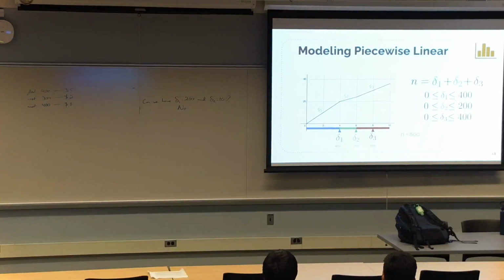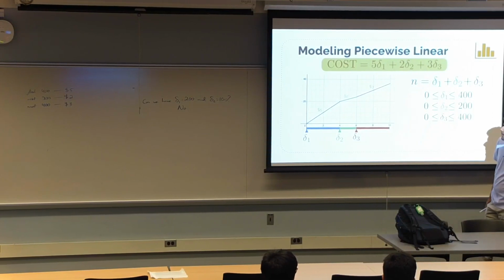Okay, what is the objective function in terms of these variables? I guess it's 5 delta 1, plus delta 2, plus 3 delta 2. Exactly. Yep, and that just follows from how we've defined our deltas.